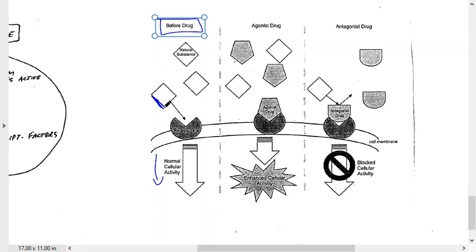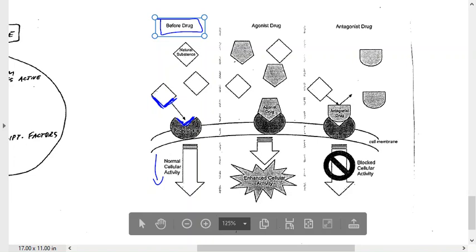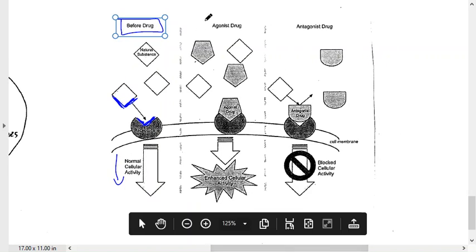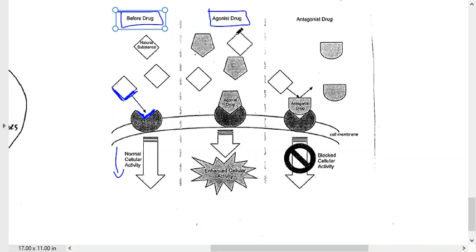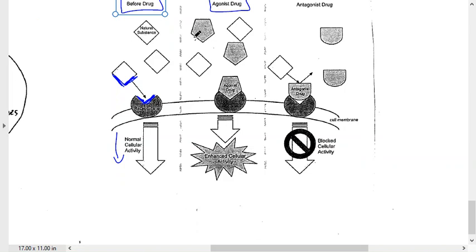These substances have specific shapes that fit into the active site of these receptors, and the shape matters. They have to match. These are substrate-specific receptors. It's not just any old substrate. If you have a drug that increases a cellular response, it's called an agonist drug. Agonist drugs have the same basic shape, at least where they contact the receptor.